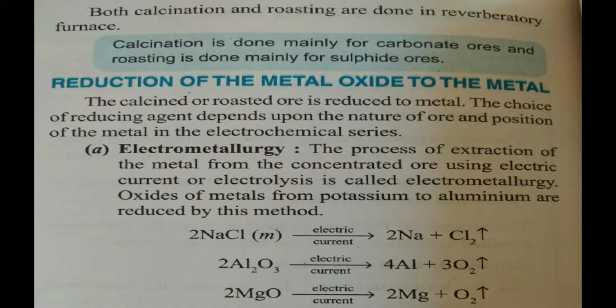Electrometallurgy: the process of extraction of the metal from the concentrated ore using electric current or electrolysis is called electrometallurgy. Oxides of metals from potassium to aluminum are reduced by this method.